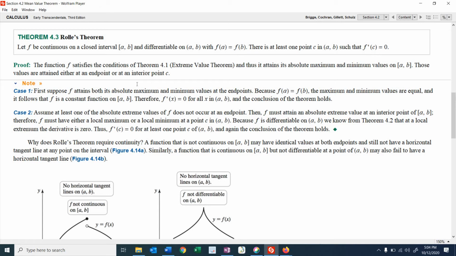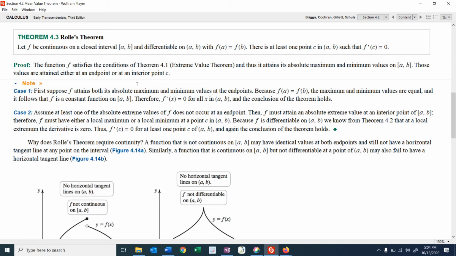Now the other case that we need to look at is, let's assume one of the absolute extreme values, either the absolute max or the absolute minimum, does not occur at an endpoint. That would mean that the function must attain its absolute extreme value at some interior point between a and b.